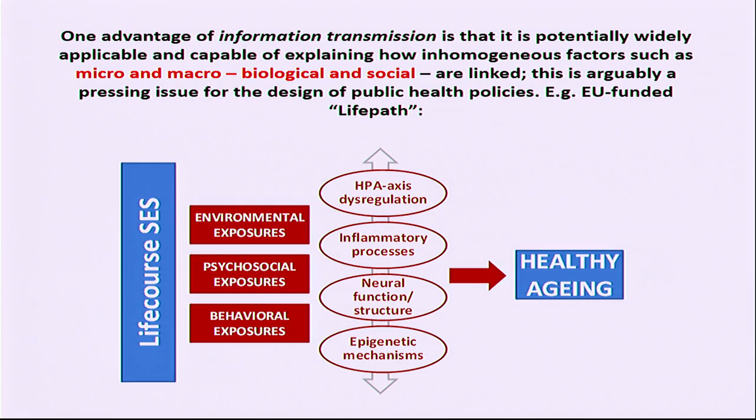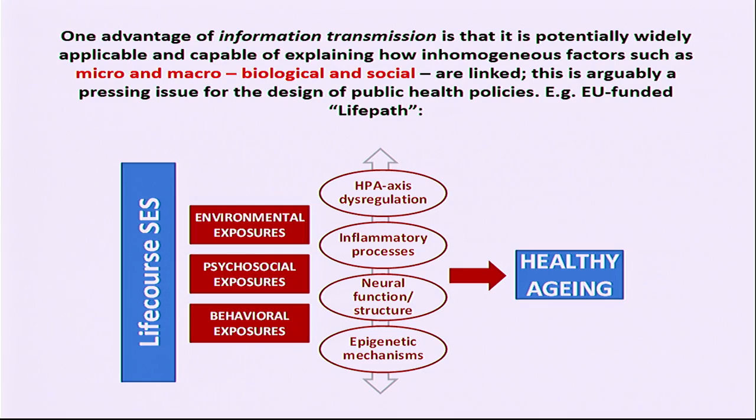One advantage of this idea is that it is potentially widely applicable and capable of explaining also complex factors like social factors. I think that John Samet also mentioned social factors, how society influences disease.